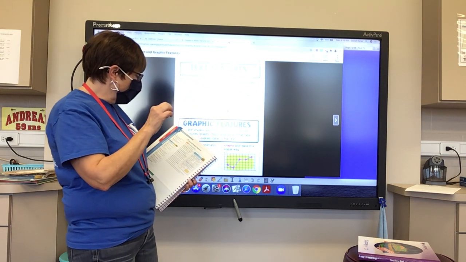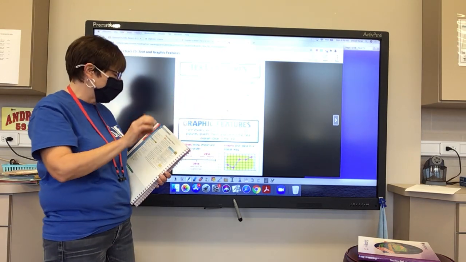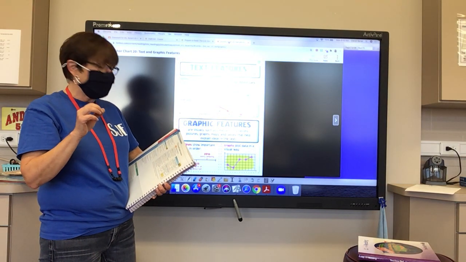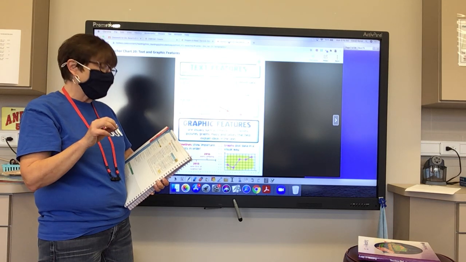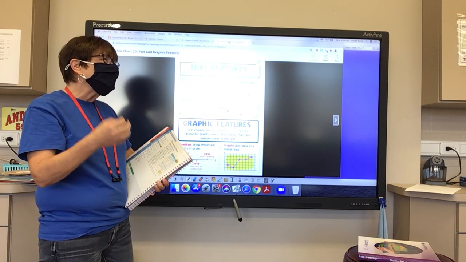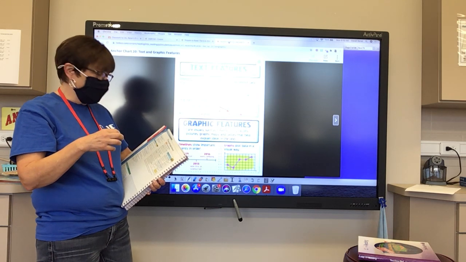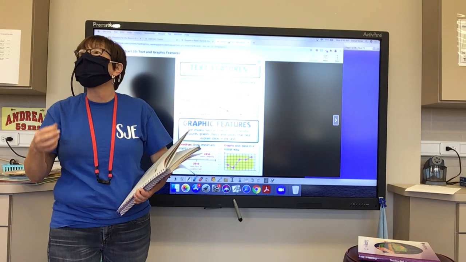Now, some of the things I want to talk to you about are called headings and subheadings. Authors use headings and subheadings to let their readers know what each section of text is about. These text features help readers to find information in a text more quickly.